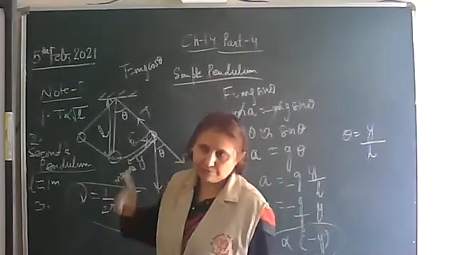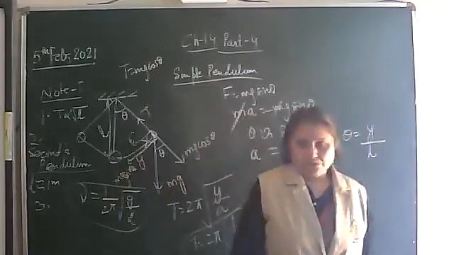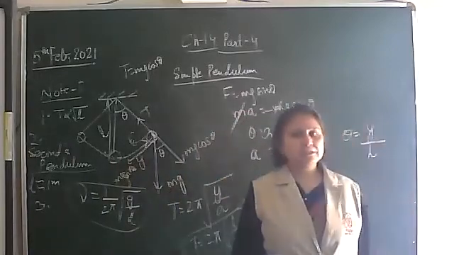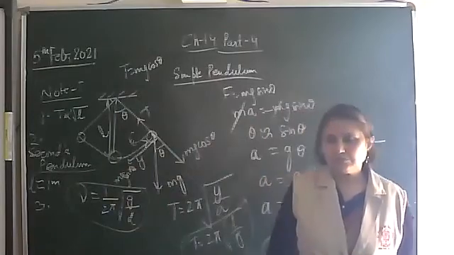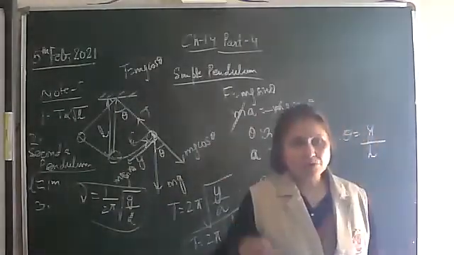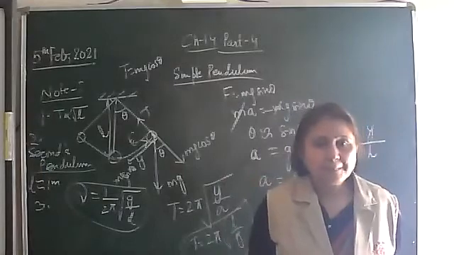In the dash you have to fill up faster or slower. So you let me know. I write it over there. Faster or slower. Taken on a mountain peak.